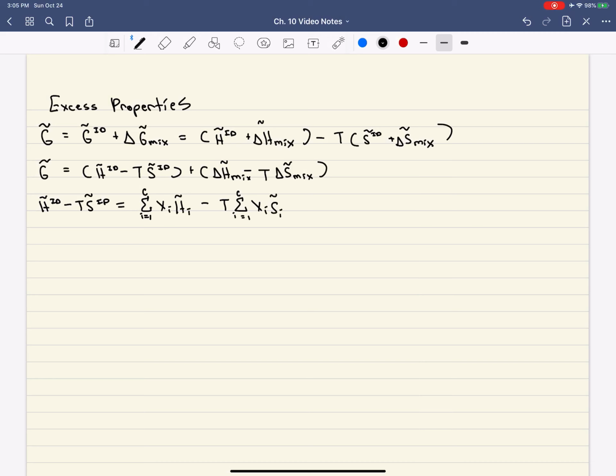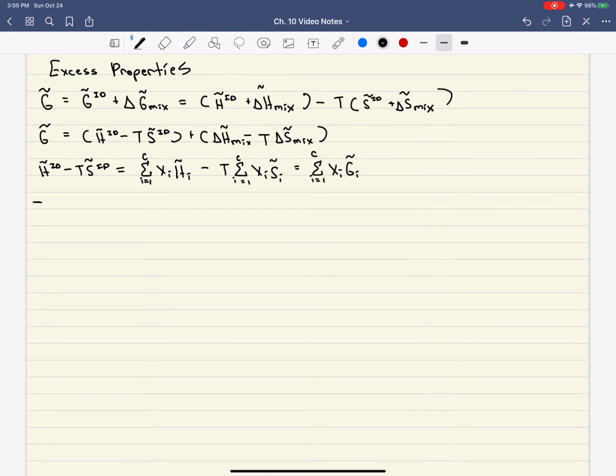Okay? And we could rewrite this term like this, where we could just say this is the weighted average of the molar Gibbs energy of each of our pure species. Okay?